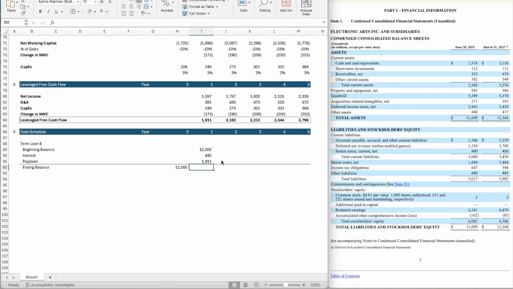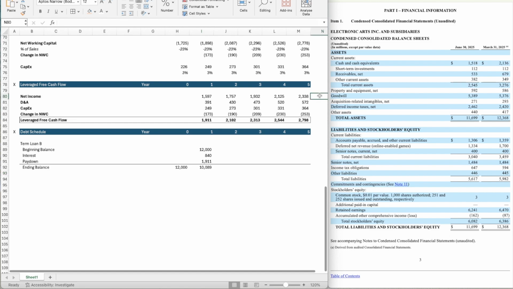And then the ending balance is the beginning balance minus the pay down. You know what? I don't need the other side anymore.